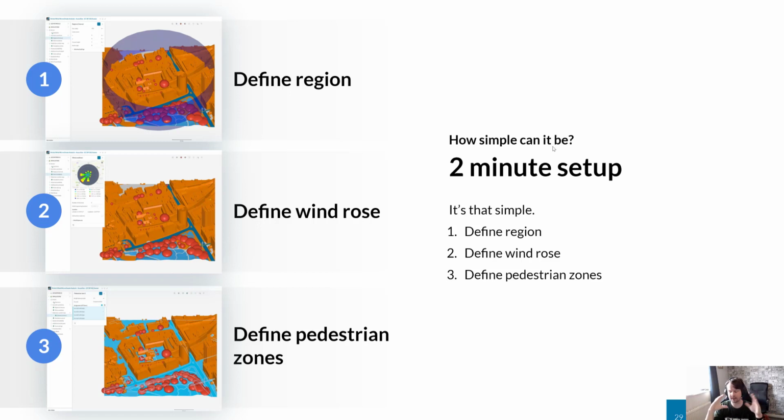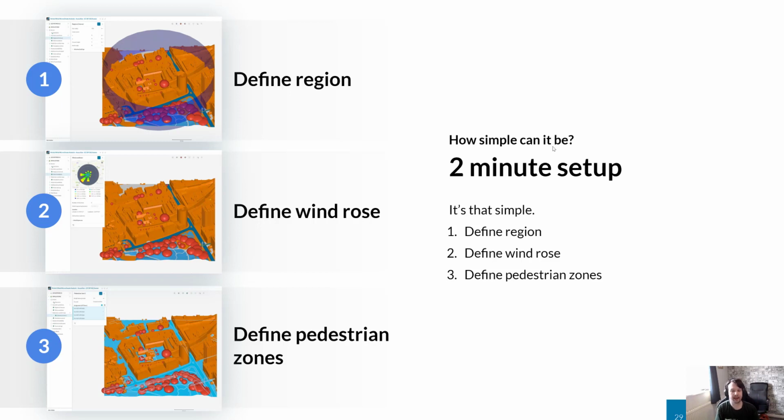So this might be a tight disk around some development zone that you've designed, or it might be around some sort of park that you're trying to landscape. Try and make it as tight to your development as possible, whilst allowing for the results to be output in the near surrounding area, so anything that could be influenced by your development.